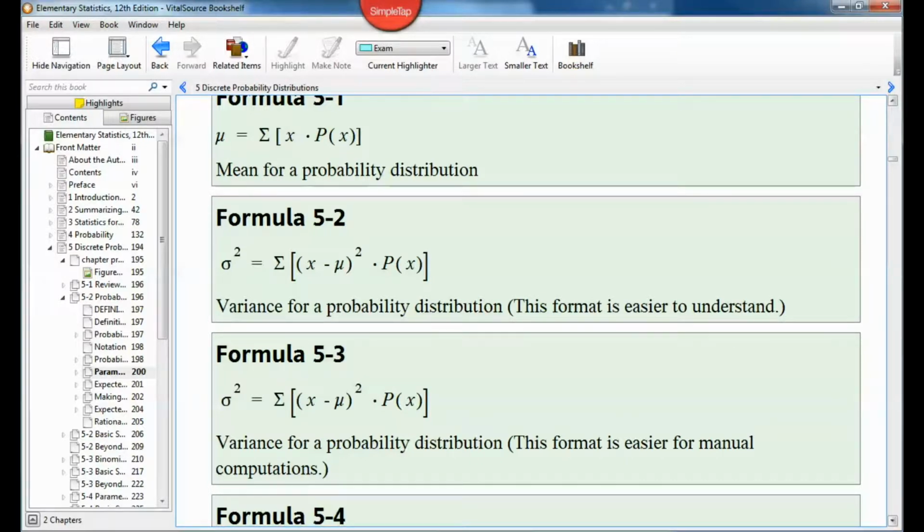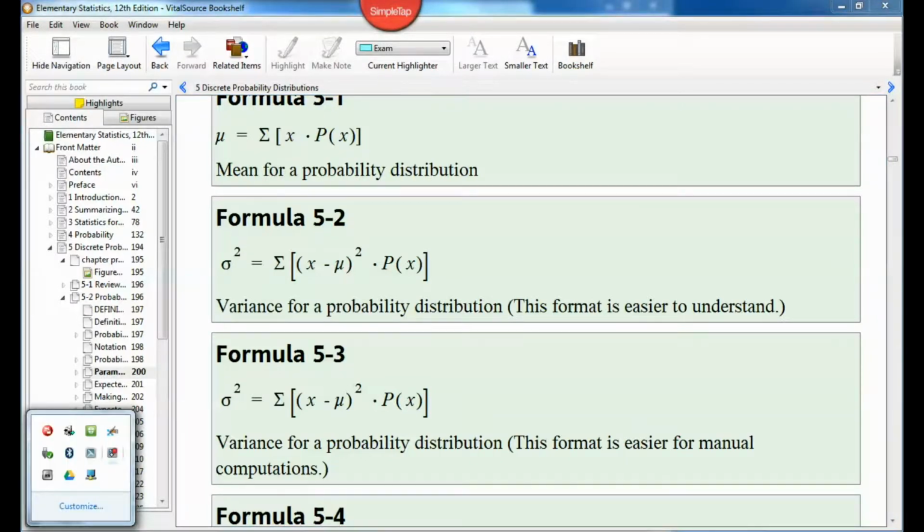The variance for a probability distribution, sigma squared, is equal to the sum of x minus mu squared times p of x. So for the variance, we use this formula here. This format is pretty easy to understand.